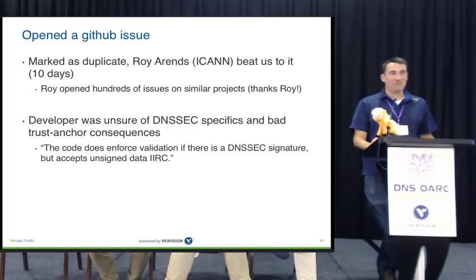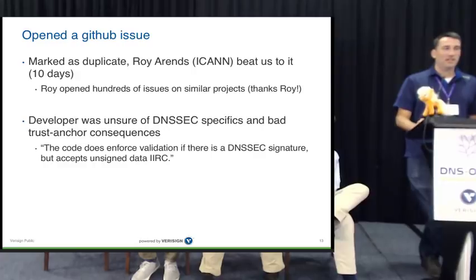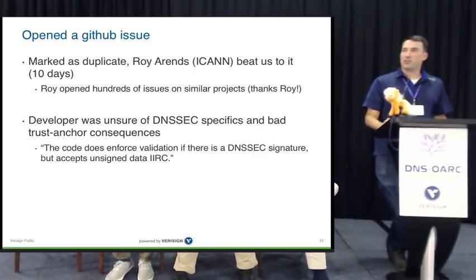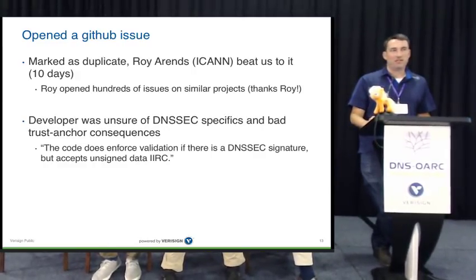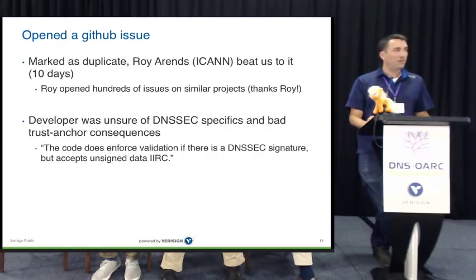Roy had opened up an issue with the project and basically told them that, hey, you need to update your code. I subsequently went back and forth with some of the developers in Monero and advised them things that they should be doing, and there was a little bit of trepidation, and they were unsure about really what the significance was of not only updating it, but the timing as well.